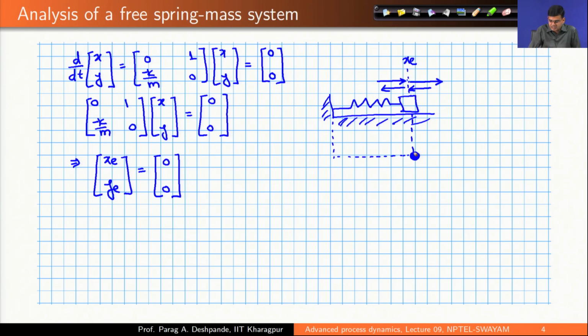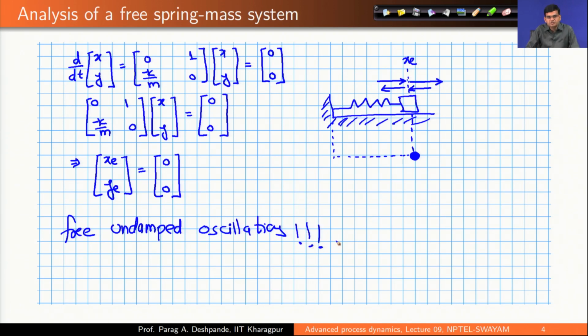So, this was the case when you have undamped free oscillations. What were the features?